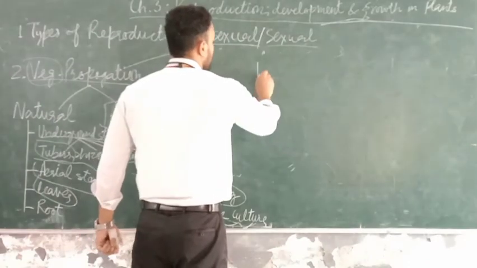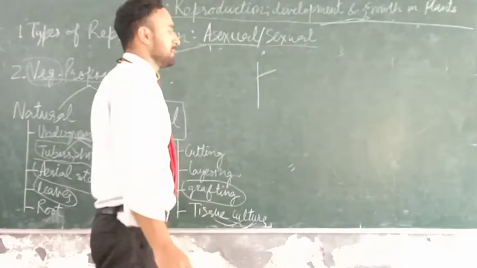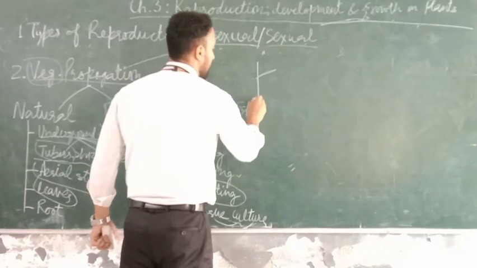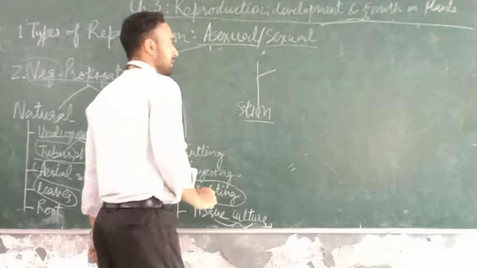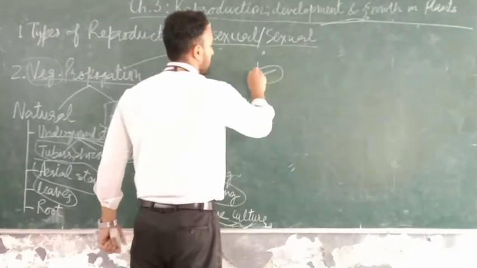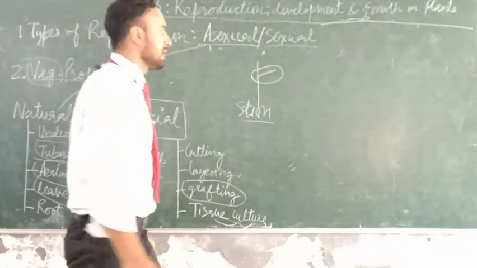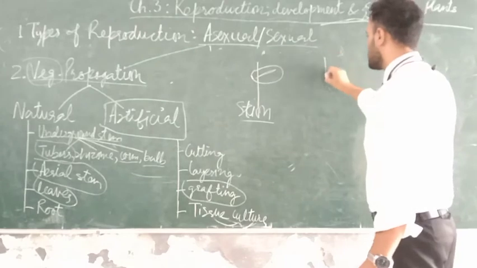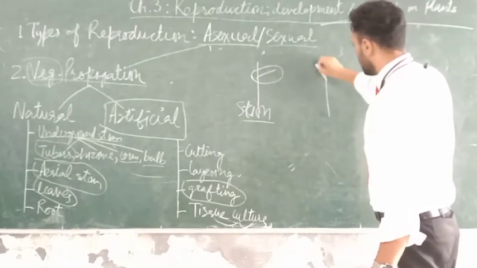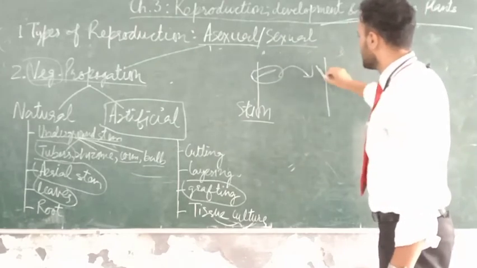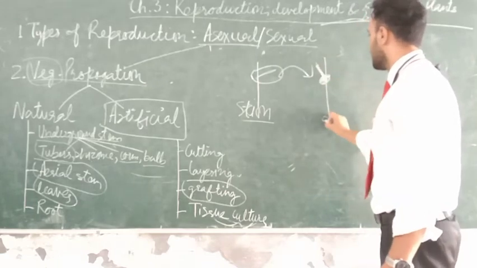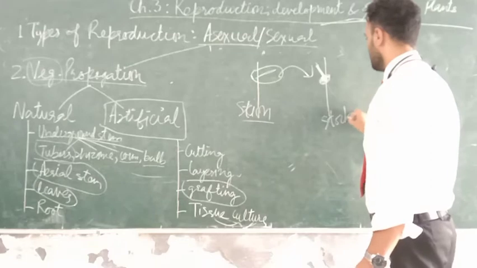We take a shoot cutting from one plant, which is called the scion, S-C-I-O-N. Suppose I took this shoot cutting and placed it into another plant. I took this and fused it here and covered it with soil. This plant is called the stalk.